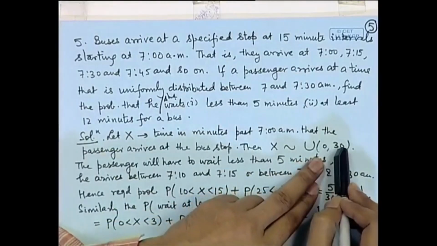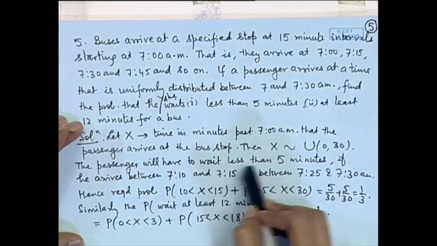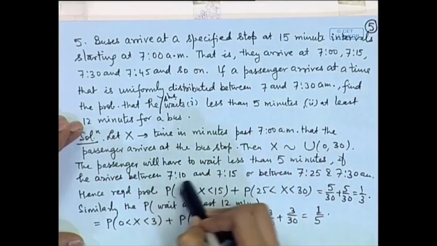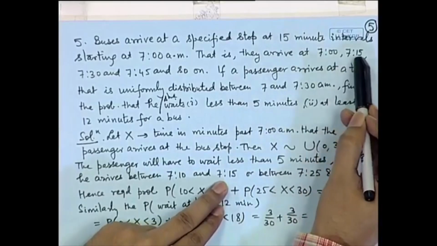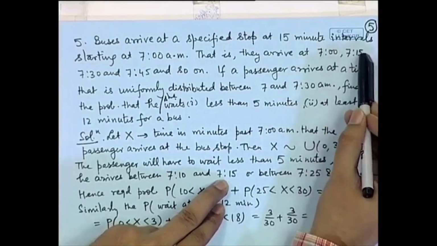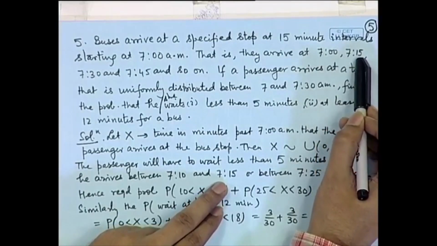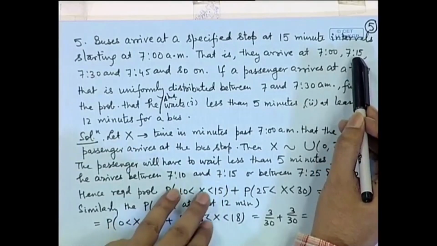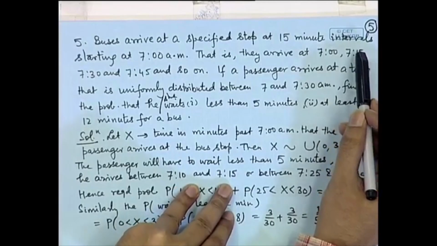So, between 0 and 30. The passenger will have to wait less than 5 minutes if he arrives between 7:10 and 7:15, because the next bus is at 7:15. If he arrives at say 7:05, then he will have to wait for 10 minutes. If he comes at 7:07, then he has to wait for 8 minutes and so on. So, if he arrives between 7:10 and 7:15, he will get a bus in less than 5 minutes.